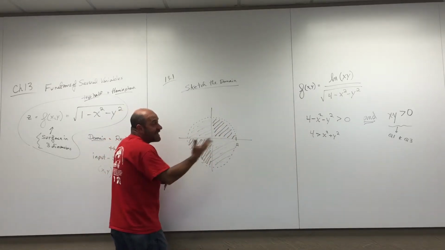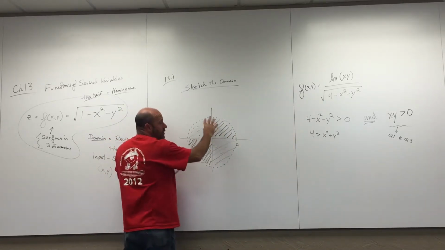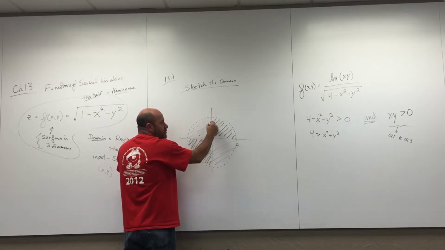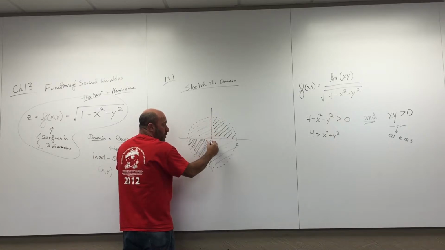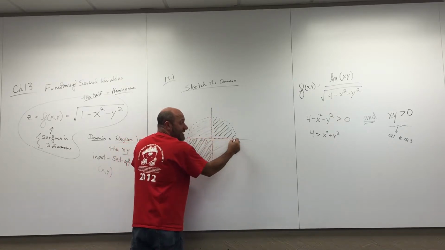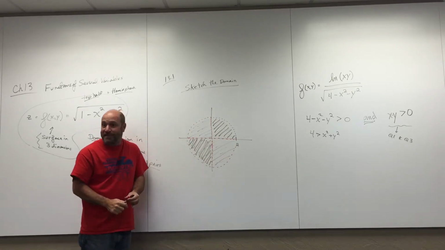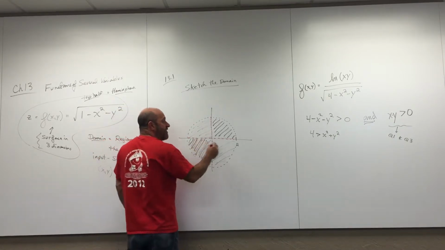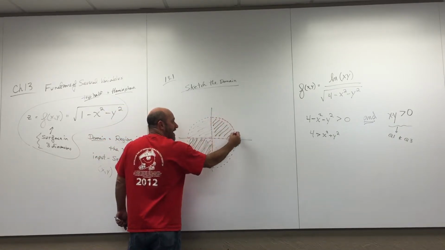I can't let x be 0. So it is this corner, but it is not including this axis. And it is not including this axis. And I need to make that clear for my teacher to see that. Those little dashed lines indicate I'm not including that, not that, not this.